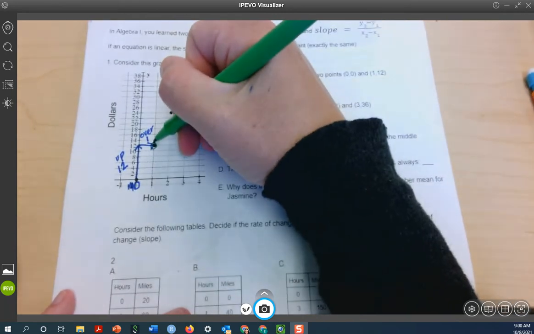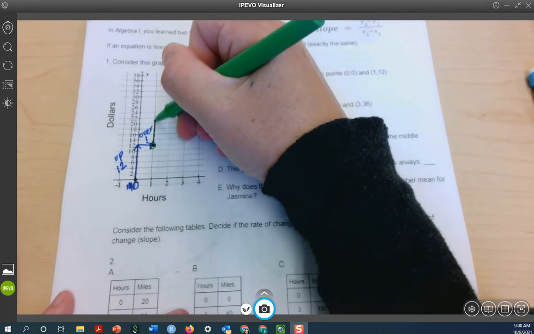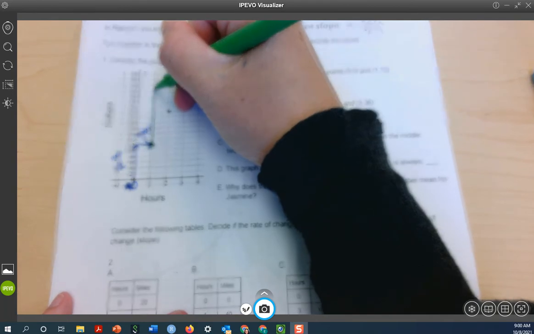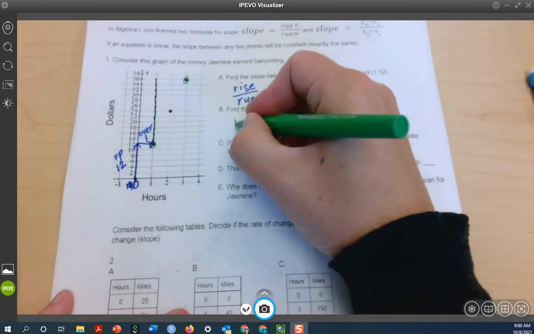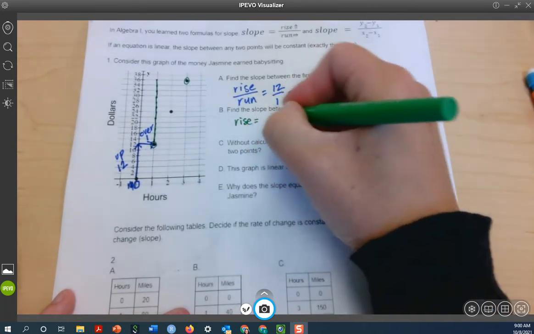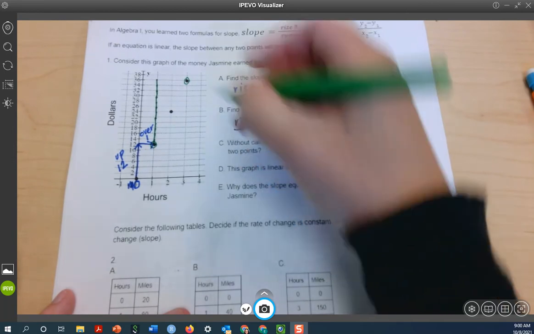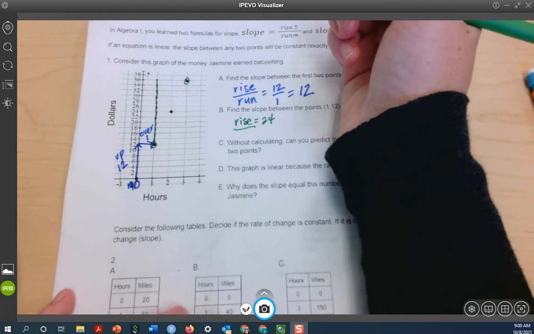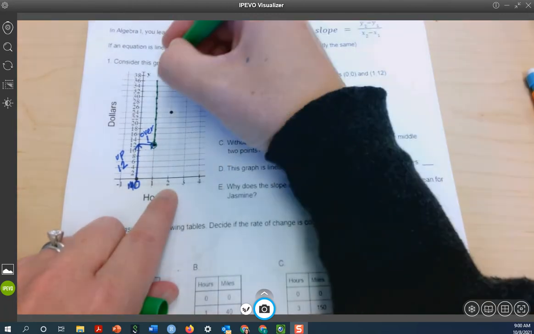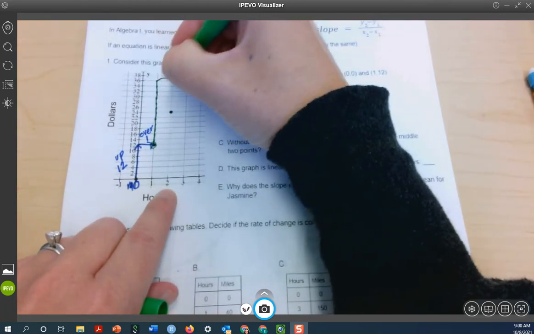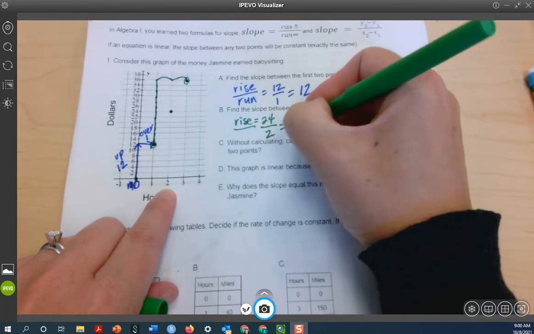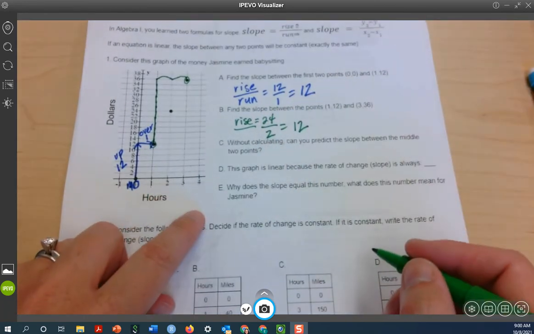So it would be 2, 4, 6, 8, 10, 12, 14, 16, 18, 20, 22, 24. So the rise is 24 because we had to count by 2s. And you know that because you're looking at the y-axis and the y-axis counts by 2s. On the x-axis, we're just counting by 1. So that's 1, 2. So it's 24 over 2, which is 12.